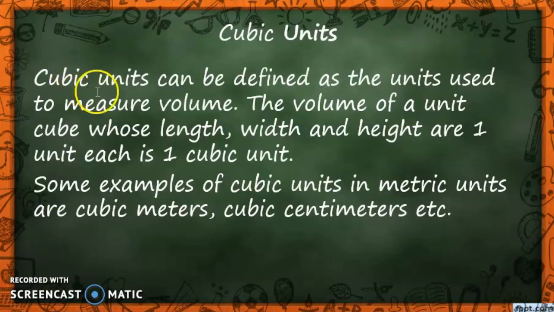Cubic units can be defined as units used to measure volume. The volume of a unit cube, whose length, width, and height are 1 unit each, is 1 cubic unit. Some examples of cubic units in metric units are cubic meters, cubic centimeters, etc.